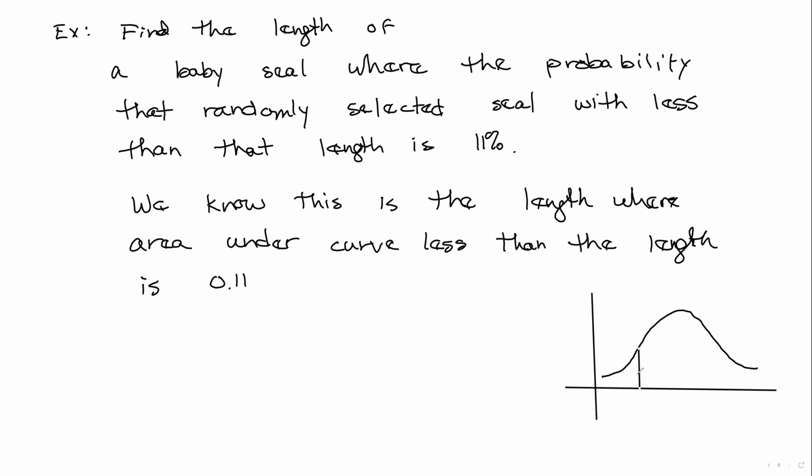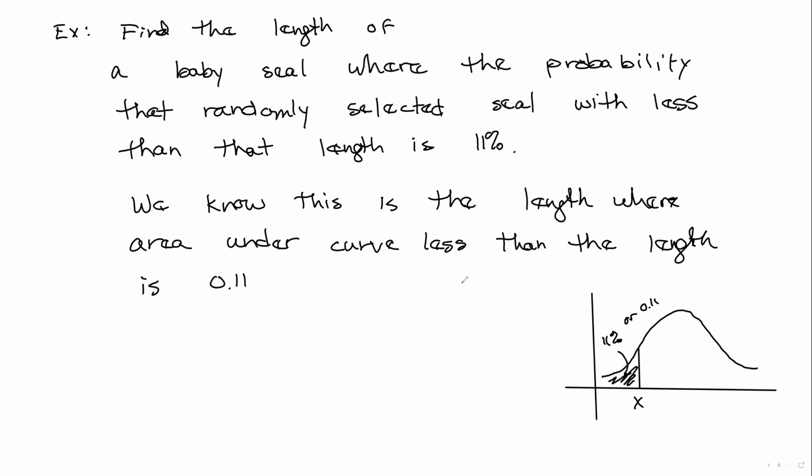And so we know that this is 11% or 0.11. And what we want is X. We want to know what is the length that goes with an 11% probability. An 11% probability is the same thing as the area under the curve being 0.11, because area under curve and probability are connected for continuous probability distributions.